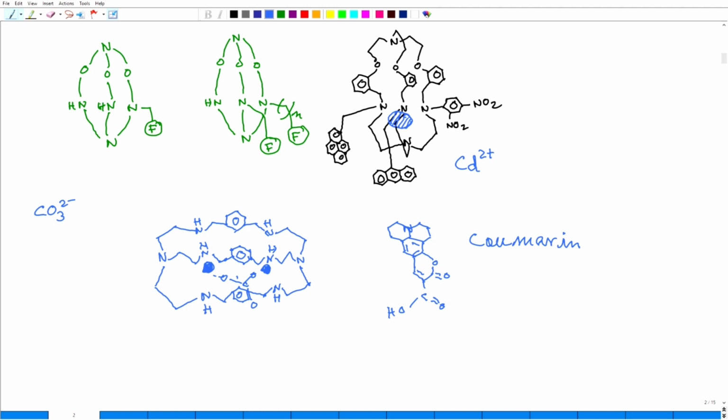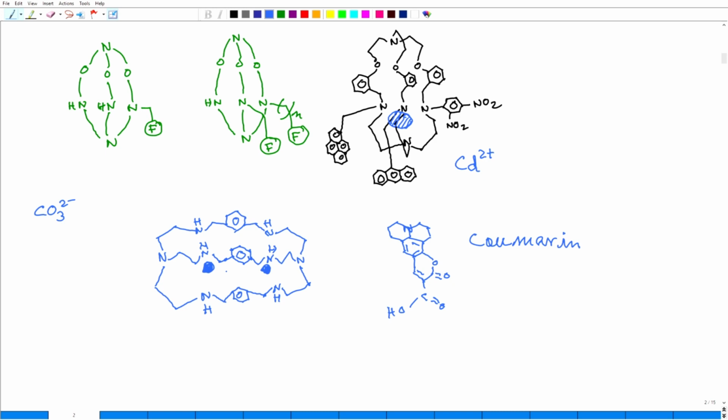Now what? Now, we add a coumarin derivative. When we add coumarin, the coumarin binds to this copper. Now let me remove this carbonate first. There is no carbonate. I have only coumarin and this copper 2 cryptate.